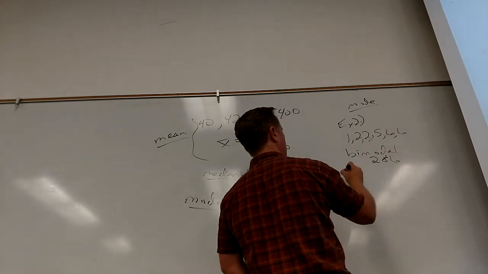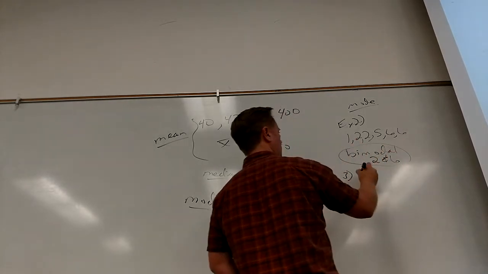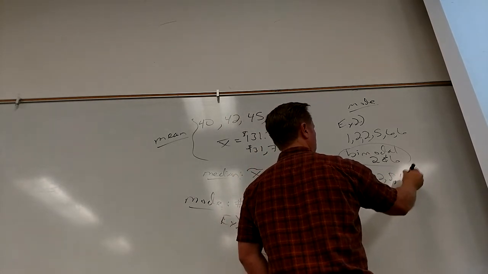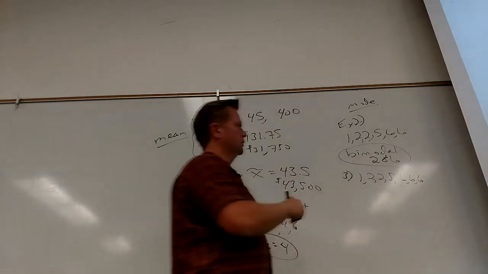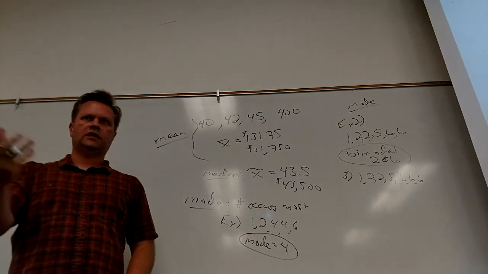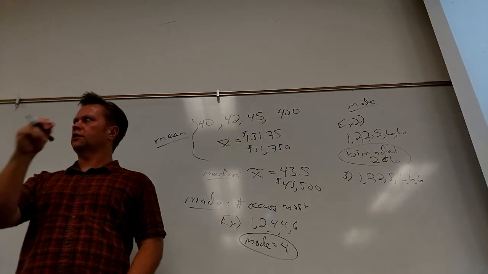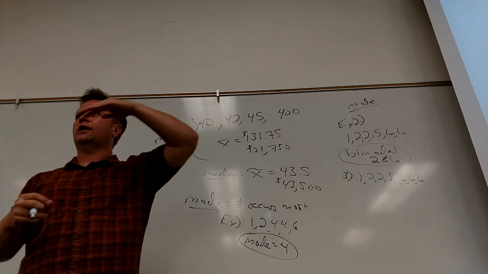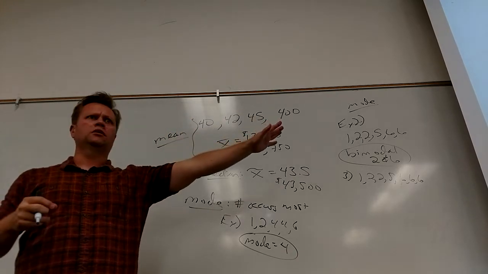What if I had 1, 2, 2, 5, 6, 6, 6? Yeah, there's a winner. There's one that's 6. I like it. So the mode is the one that occurs the most. This book goes up to trimodal, if I remember correctly, but after that you're like, screw it. There's no mode.